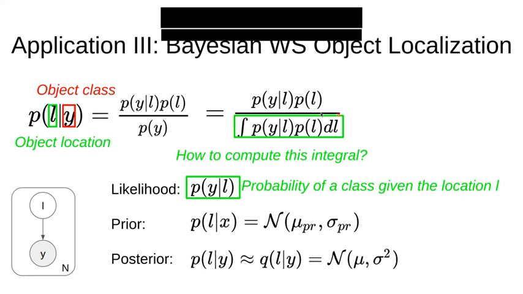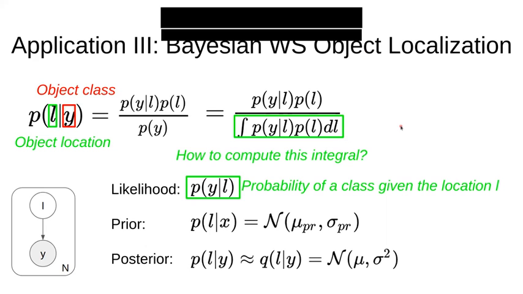And here the problem is that the total probability at the bottom is difficult to compute. We would have to sum over all possible locations, and even if we use proposals, that gets computationally very expensive.